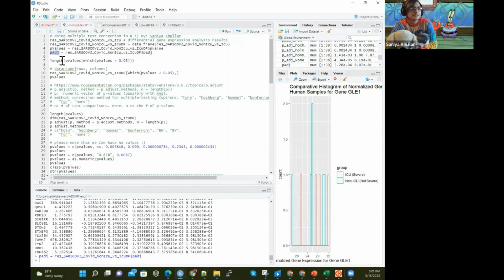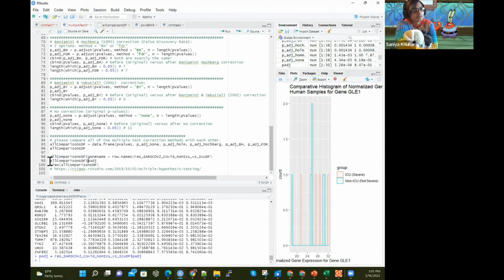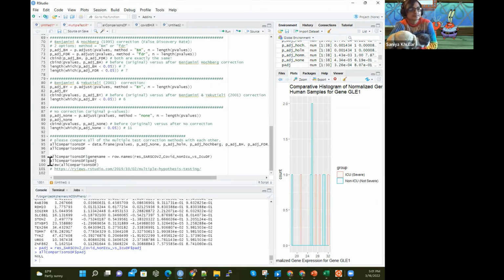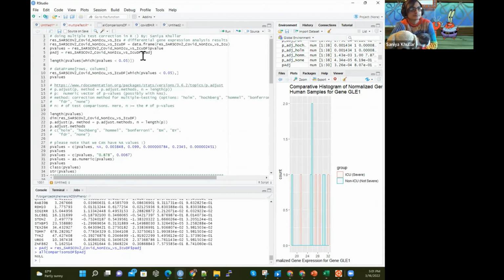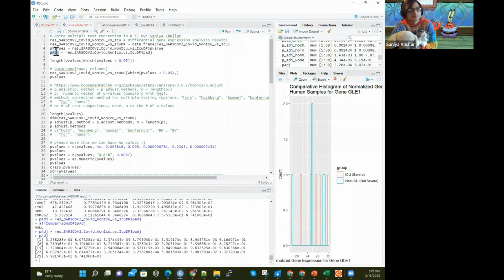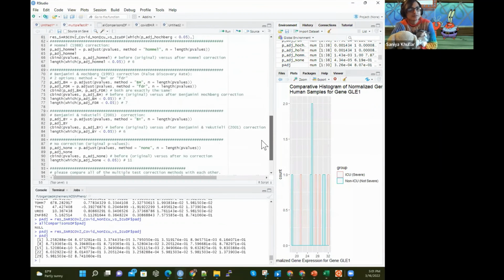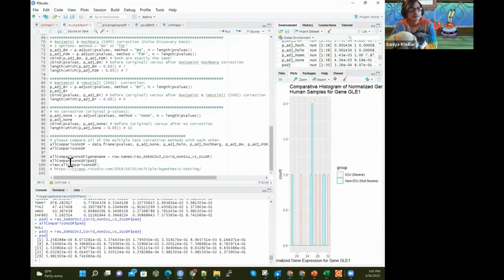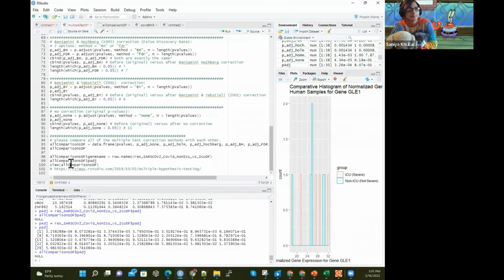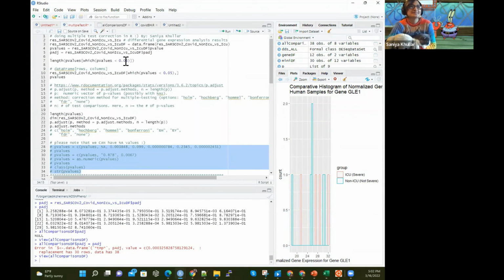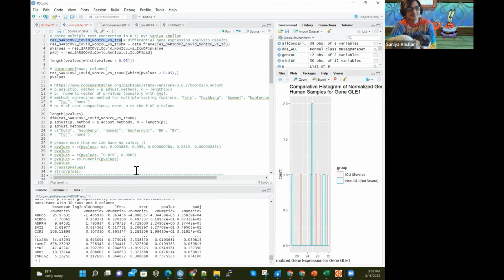So let's see, I'm going to add this to the end, again just looking at the top 30. Okay, I'm just running that one, and adding this column of adjusted p-values. And we can see which one the DESeq analysis returns.